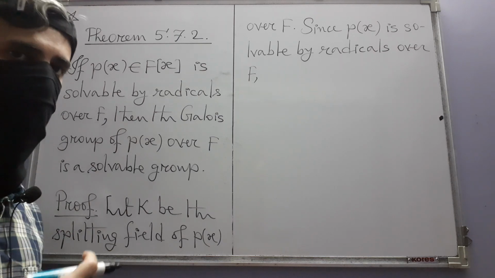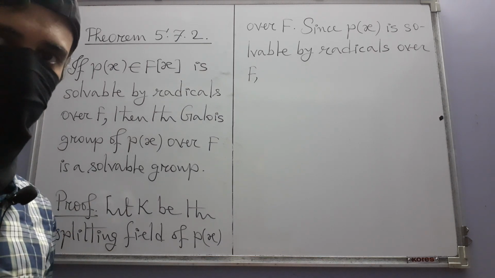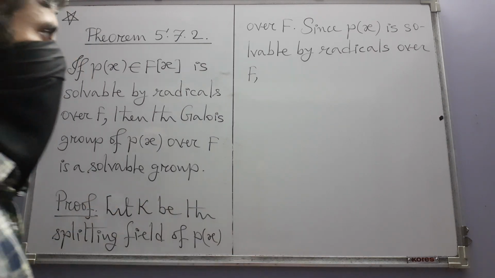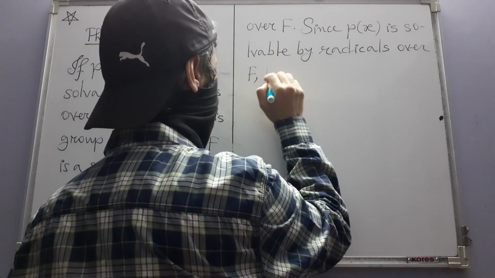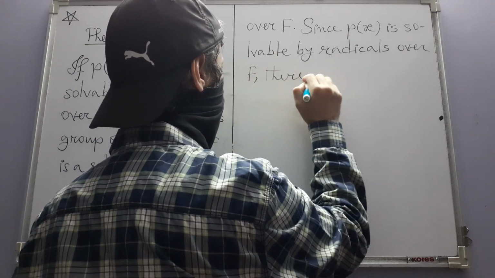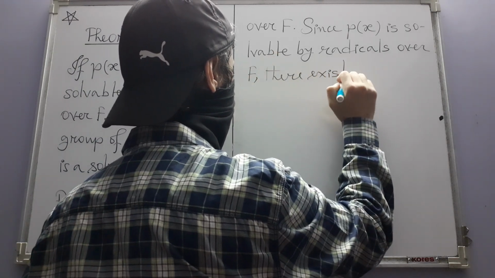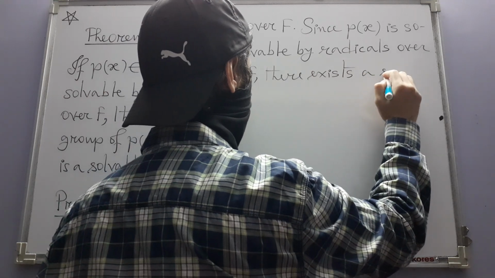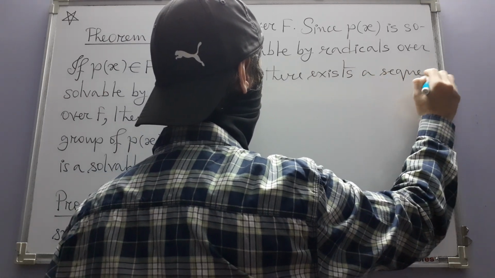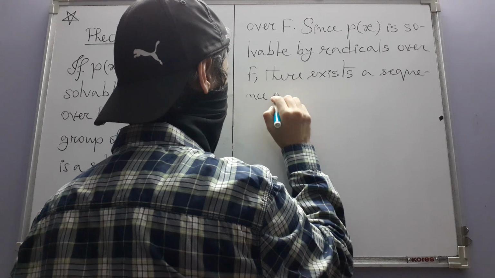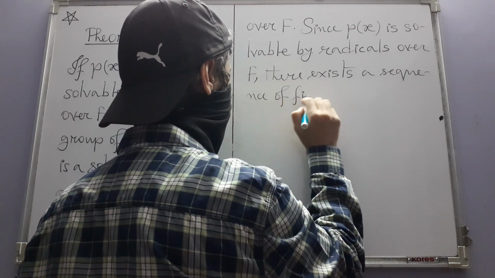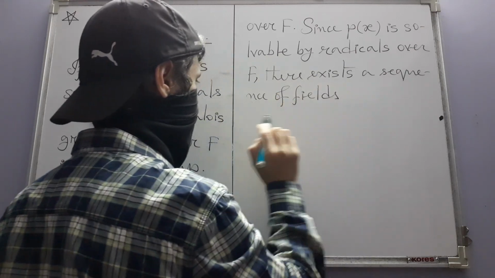That means that there is a finite sequence of fields with these properties. There exists a sequence of fields like this.